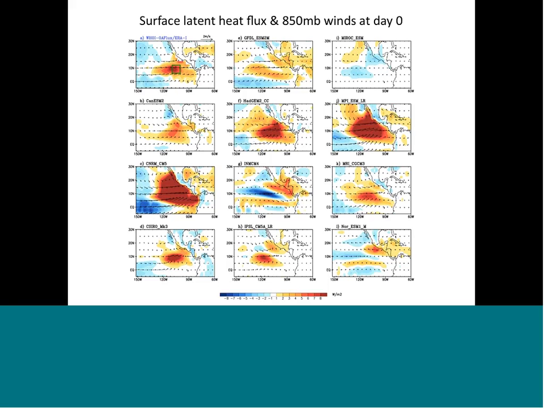For example, panels C, F, and J capture a more realistic summer mean low-level flow over the Eastern Pacific. While in other models, for example panel G, there is not a very organized latent heat flux pattern in the shading. Even the sign is opposite.